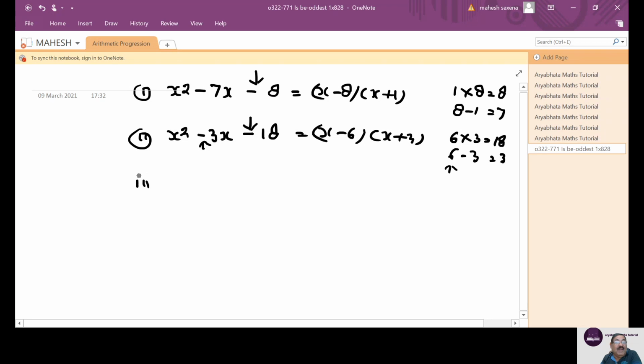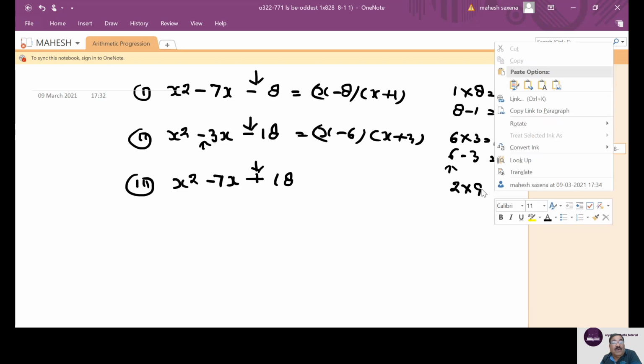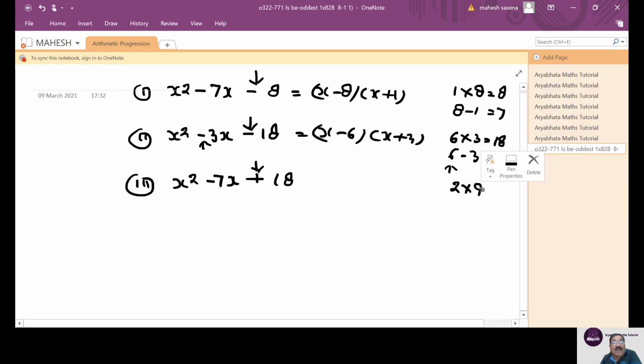Take the third example. It is x square minus 7x plus 18. Since it is positive and 2 into 9, sorry, this example cannot be taken here.